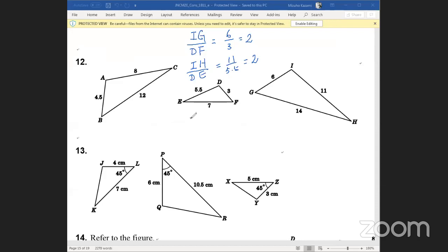And then I have EF and then HG, which is the other way around.